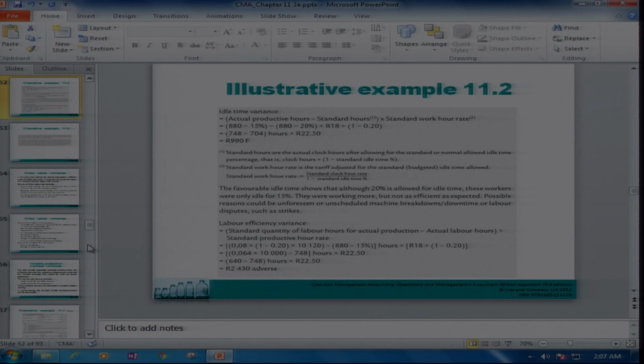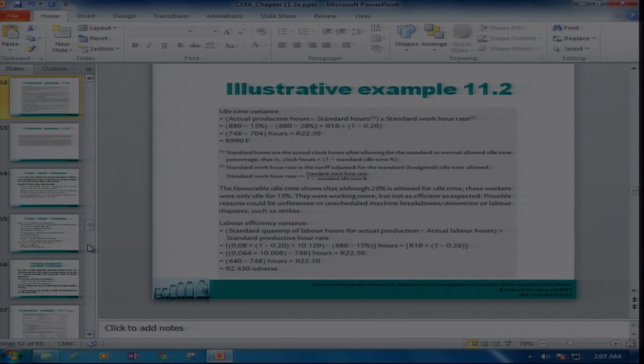The rate we are paying our employees is 18 rand, but remember we are making an exception for the idle time, which is the 20%. So you will then say 1 minus 20% and then 18 divided by your answer, which will then give you 22 rand 50. So you can then say 748 minus 704 multiplied by the 22 rand 50 will give you a difference of 990.